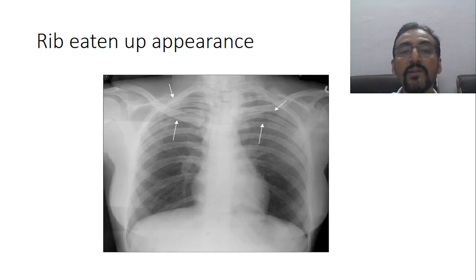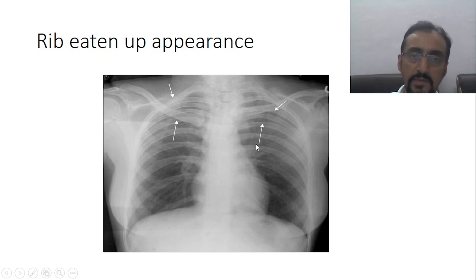Okay, if you want to see that eaten up, you can see over here. See on the left side, the rib has been eaten. Rib eaten up. This is also quite common in case of secondaries. So rib notching, figure 3 sign, eaten up appearance, rib healing, fractures. So many things are there that we have to observe in case of ribs. Otherwise it will be confused with other pathological findings.